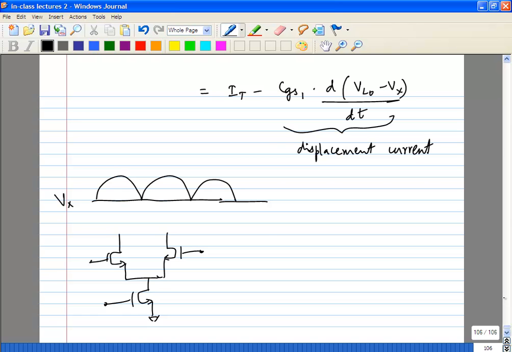So your switching speed, if I can call it that, is not directly proportional, but depends on the VLO to VDSAT ratio. If your VDSAT is small and VLO is large, that is the ideal condition you want, because the differential pair transistors will switch very fast.